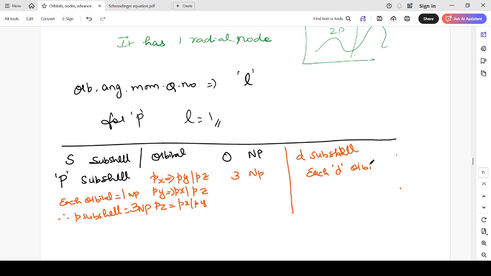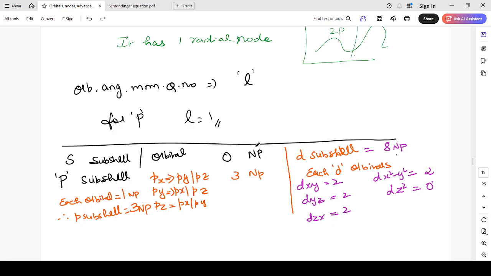Five, ma'am. dxy, dyz, and dzx, each of them has two nodal planes, correct? Yes, ma'am. dx square minus y square also has two nodal planes. dz square has zero nodal planes. Totally, the d subshell will have how many nodal planes? Eight, ma'am. That's right.